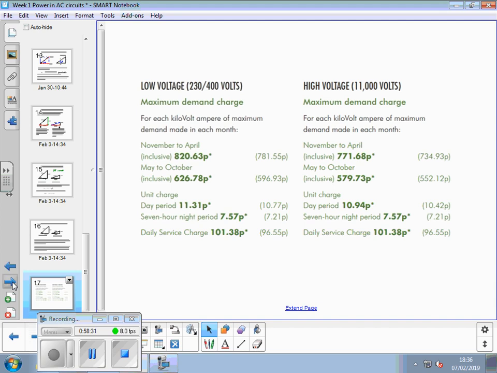So if you can get that down, you're paying less. Yeah, and it depends on the time of the year as well. But you've got unit charges as well as maximum demand charges. So if you can keep your maximum demand down by keeping your power factor good, then that's better.